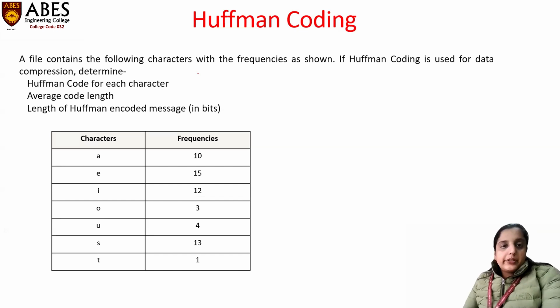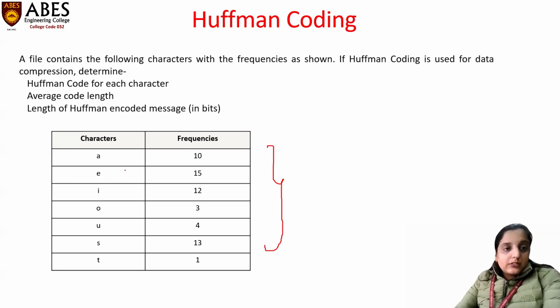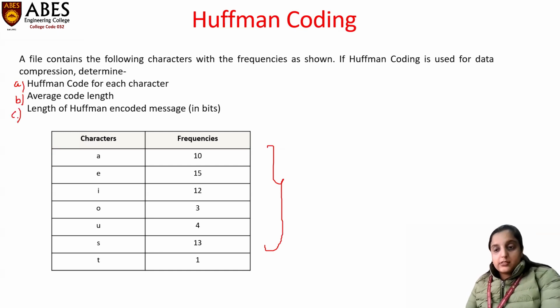It is written that the file contains the following characters with the frequencies as shown. If Huffman coding is used for data compression, then you have to determine these three values: A, the Huffman code for each character, B, the average code length, and C, the length of the Huffman encoded message in bits.